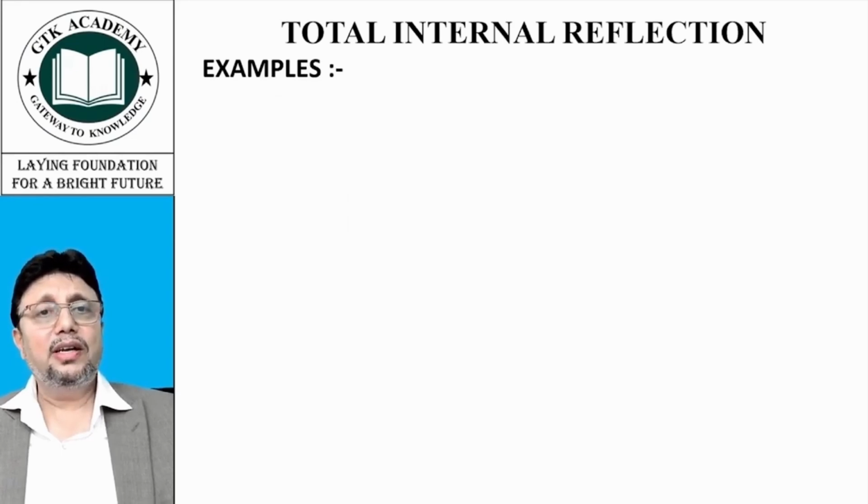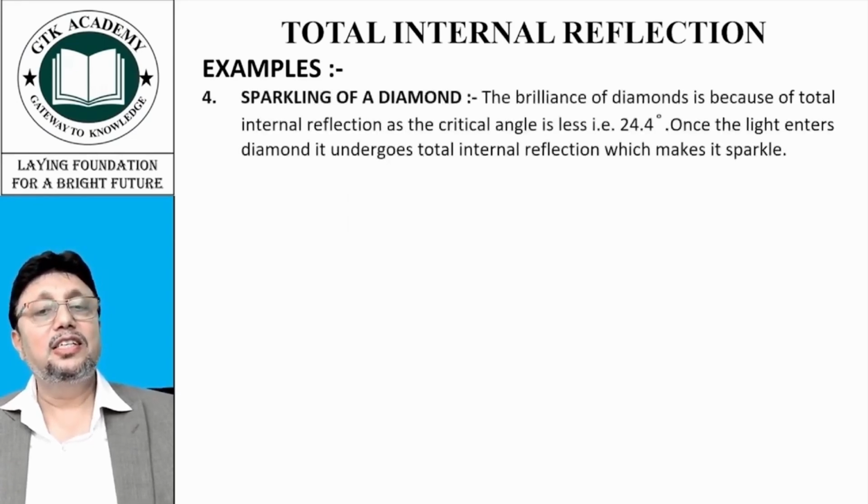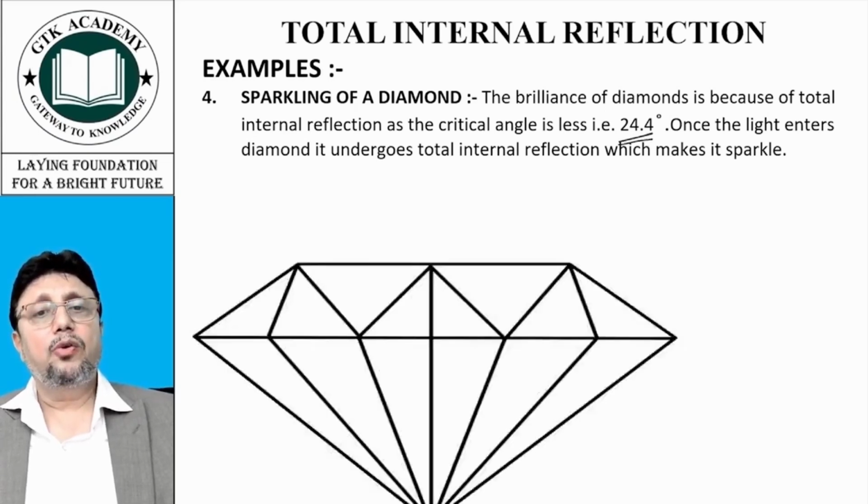One more quite interesting example is the sparkling of diamond. I just told you that diamonds sparkle because the critical angle is very less. It is 24.4 degrees only. Now let me draw the diagram of a diamond.